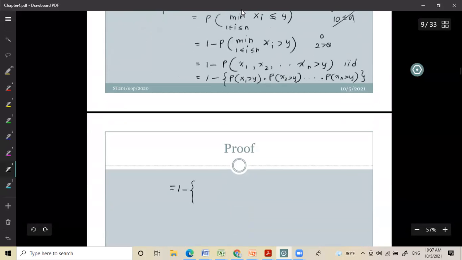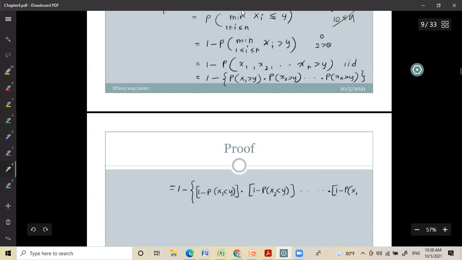If you want to write it in the CDF, this is the same as 1 minus P(X1 less than y), and then P(X2 greater than y) means 1 minus P(X2 less than y), and so on, all the way up to 1 minus P(Xn less than y).